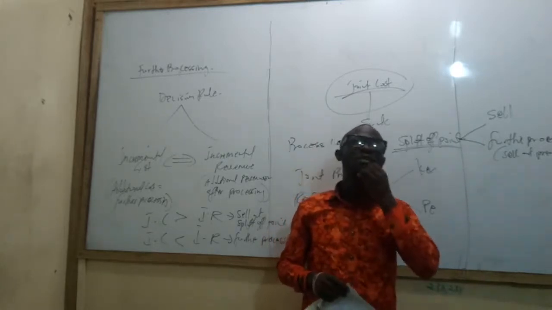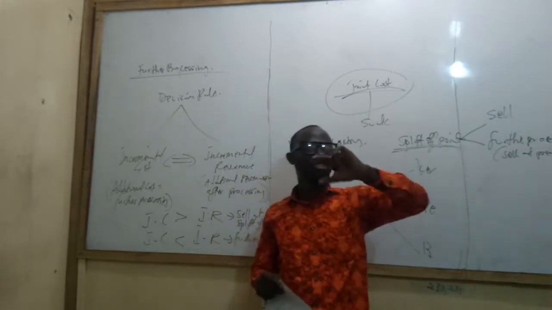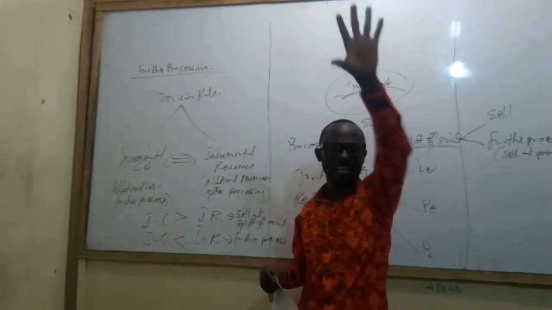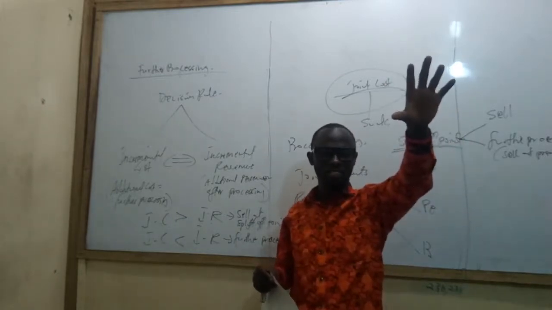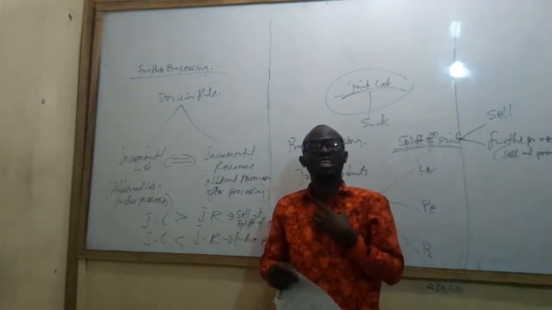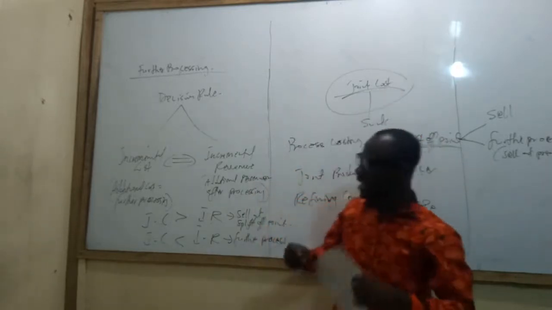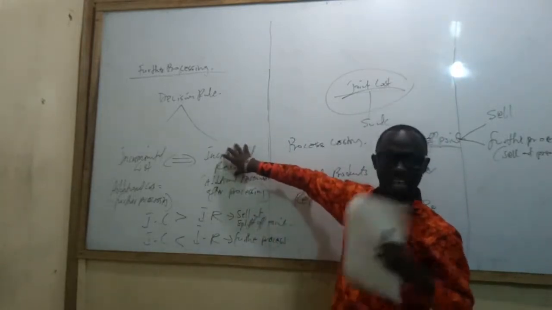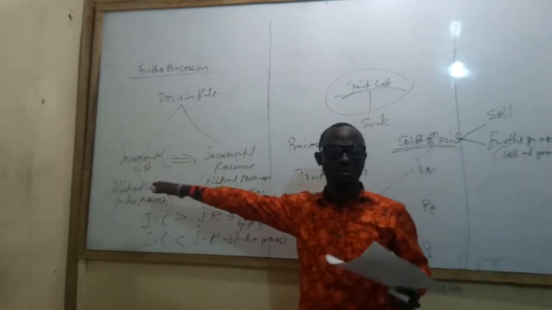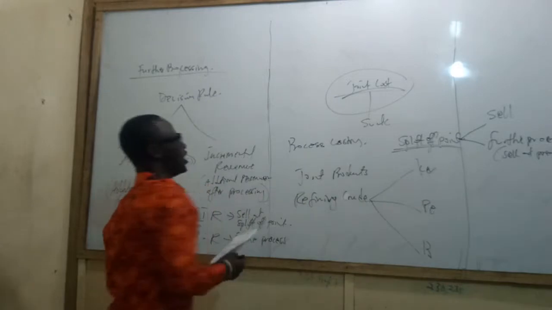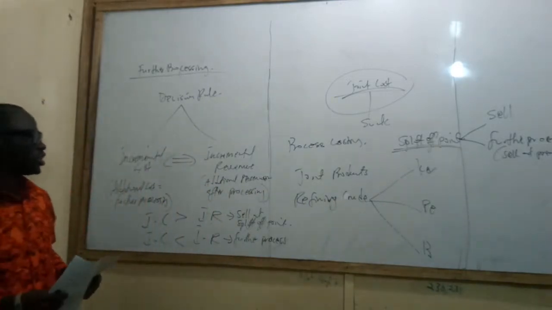So it means the decision to continue to process and separate will depend on the demand available in the market. And because demand influences price, we will have to analyze the incremental revenue and the incremental cost, then we further process. So that is a very direct illustration for us to get it.